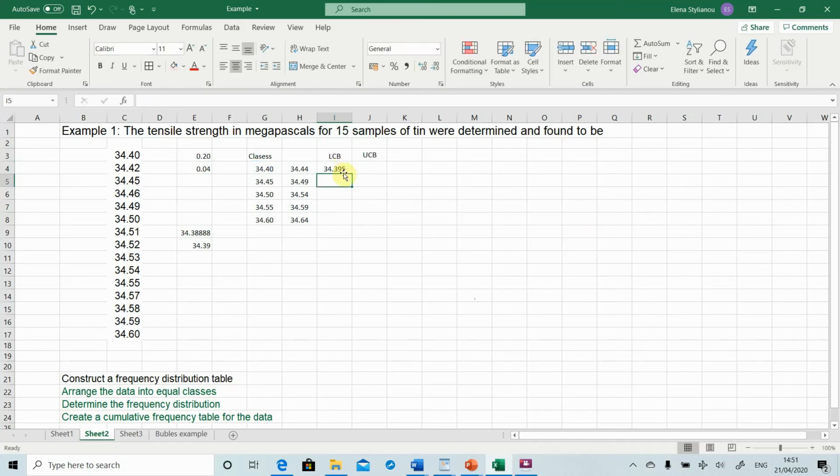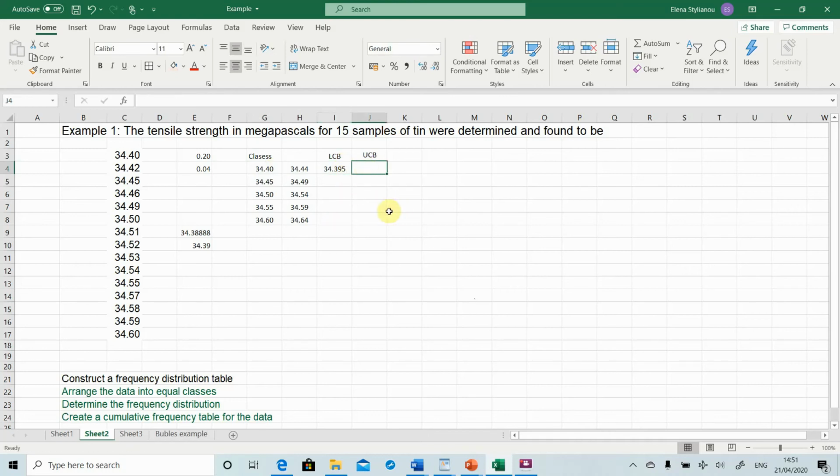Whatever data was bigger than this was rounded to 34.40. If your classes contain 2 decimal places, the boundary for the class will have 3 decimal places. If your classes contain 1 decimal place, the boundary will have 2 decimal places.